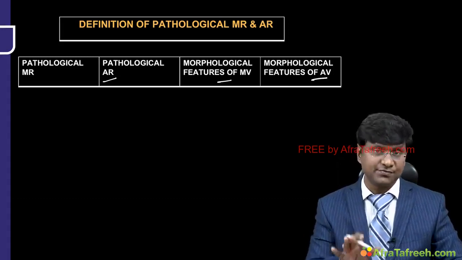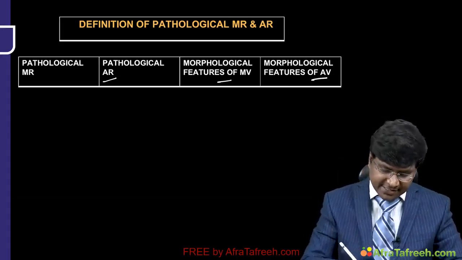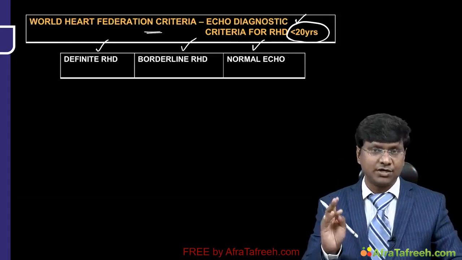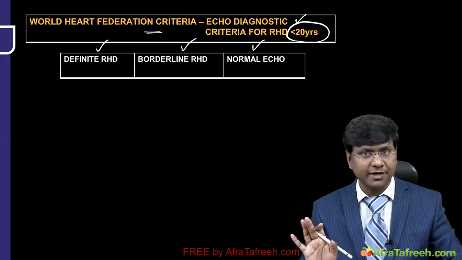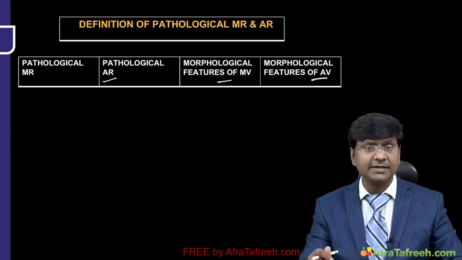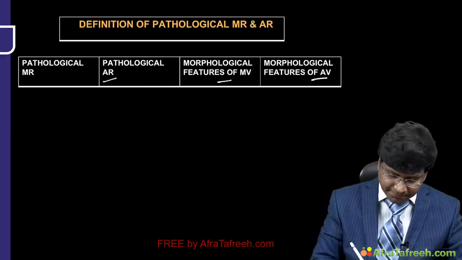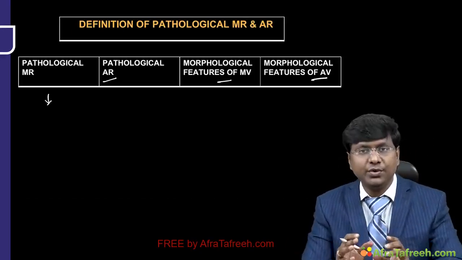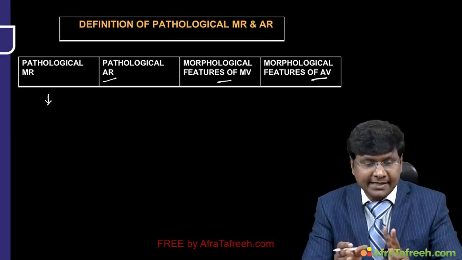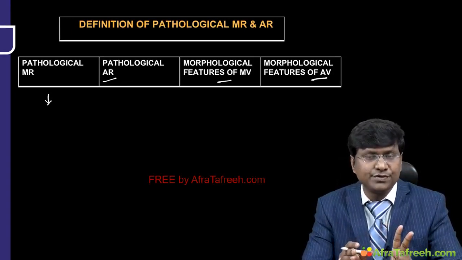All that we will discuss first, then we will discuss what is definite rheumatic heart disease, what is borderline, and what is a normal echo. Okay, now first take pathological MR. To define pathological MR, you should define it in two views, right?